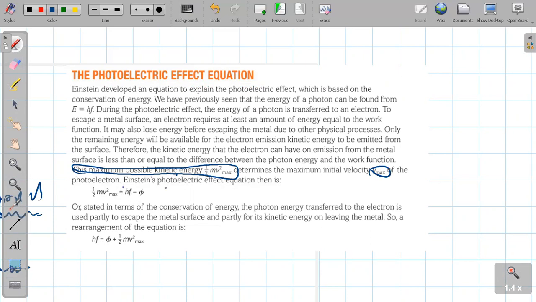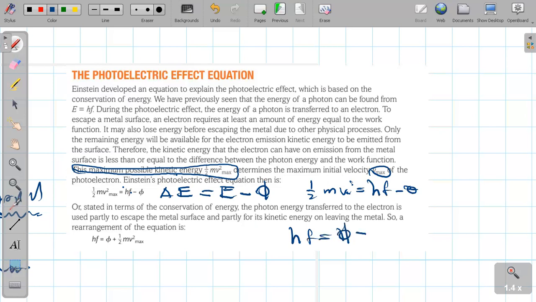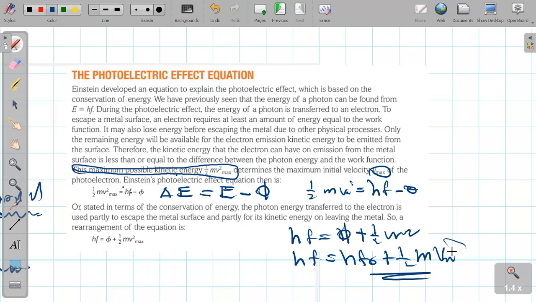That's what I explained, the extra energy, delta E, equals E minus phi. So half m v max squared equals hf minus phi. So hf equals phi plus half m v max squared. But I went a further step, where hf naught is used for phi, which gives the finalized ultimate equation. So this is how I obtained the equation. Can you understand it?